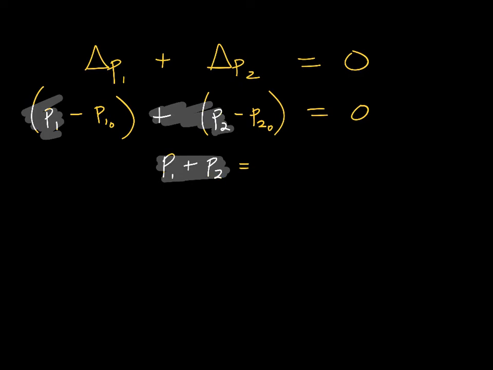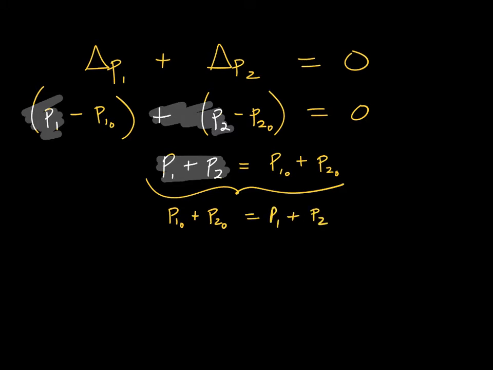And the other two are negative, and they're going to go to the other side and just turn into a sum of the initials. And so we would normally write it, the initials on the left, the finals on the right.